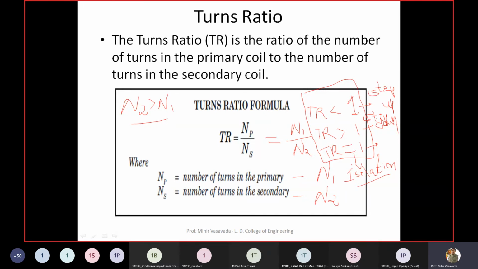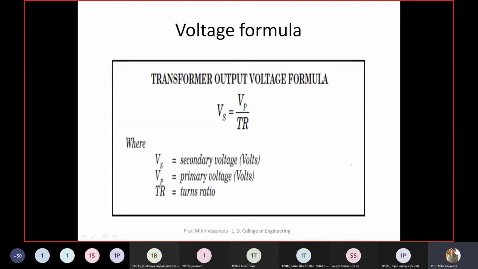But if we keep TR as 1, why should we use a transformer? There are some cases, which we'll discuss, in which you need isolation. In such cases you use a transformer just because you want to isolate two circuits. You don't want to connect these two circuits directly electrically. Then this is the voltage formula.